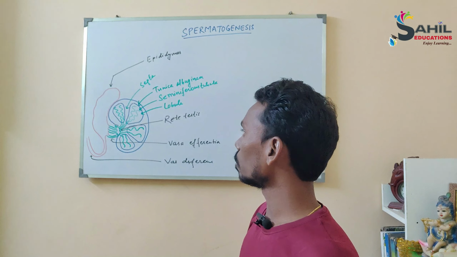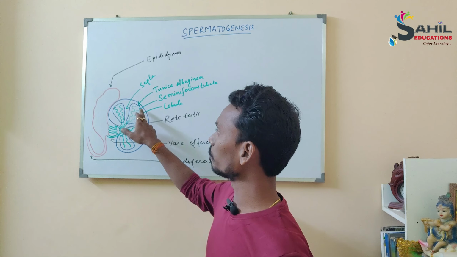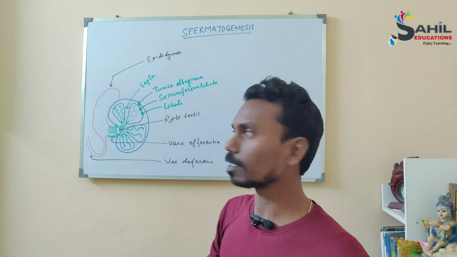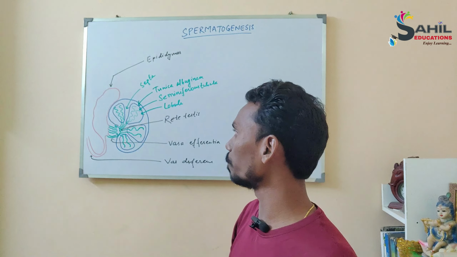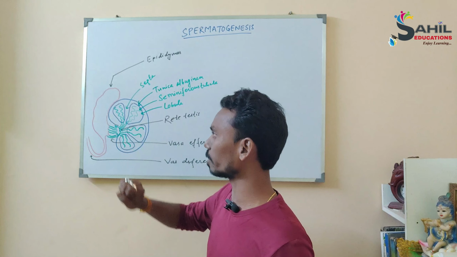I'll come to this seminiferous tubule later on. The seminiferous tubule is basically the structure present inside the testicle in which the sperms are formed and matured. After maturation, the sperm enters into the rete testis.